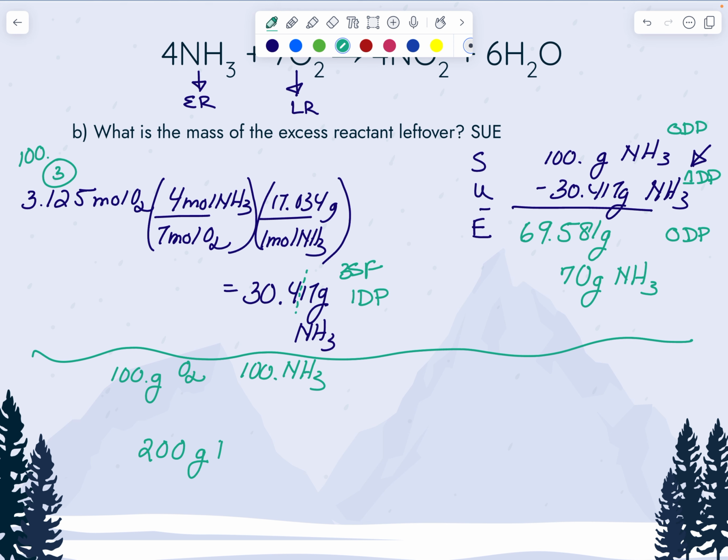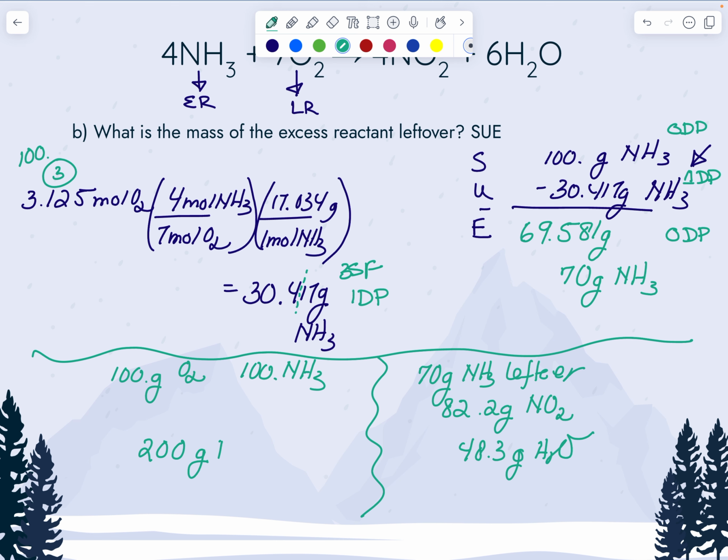And then at the end, what did I have at the end? Well, I had about 70 grams of NH3 left over, and I made 82.2 grams of nitrogen dioxide, and I made about 48.3 grams of water.